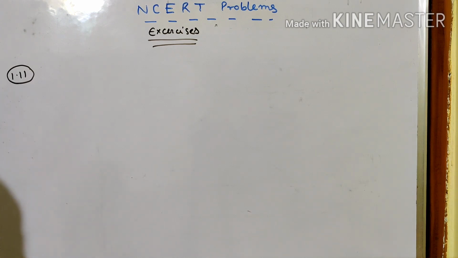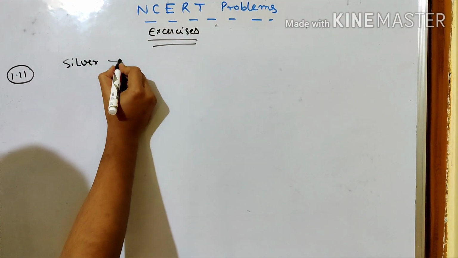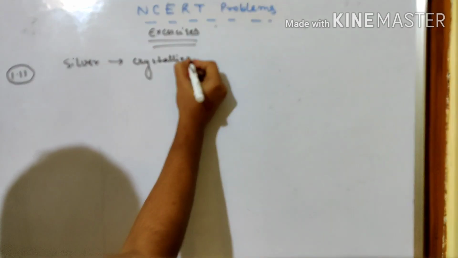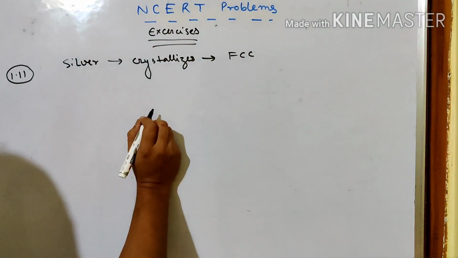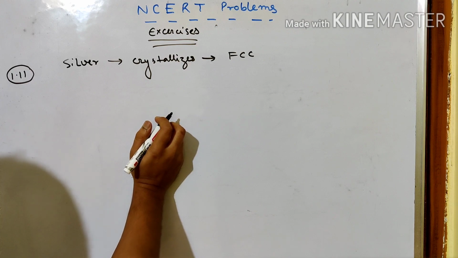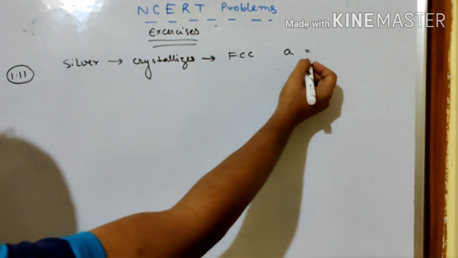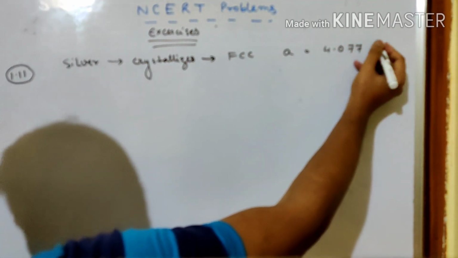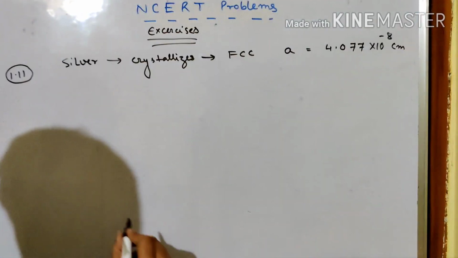See the book. The question is, silver crystallizes in FCC lattice. Edge length of the cell, which is A, is given as 4.077 into 10 to the power minus 8 centimeter.